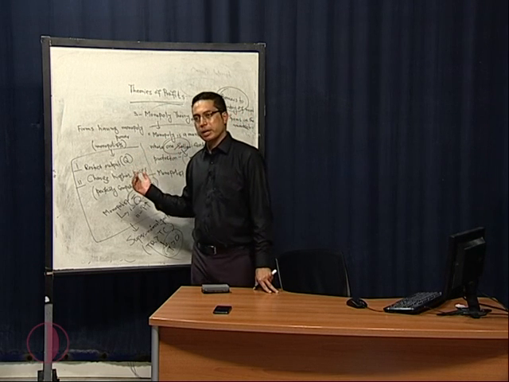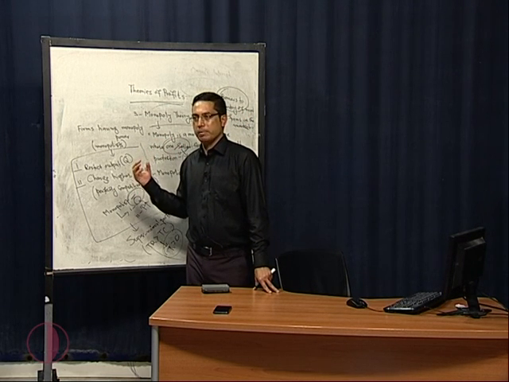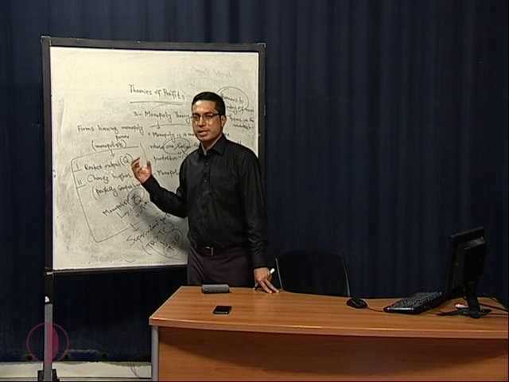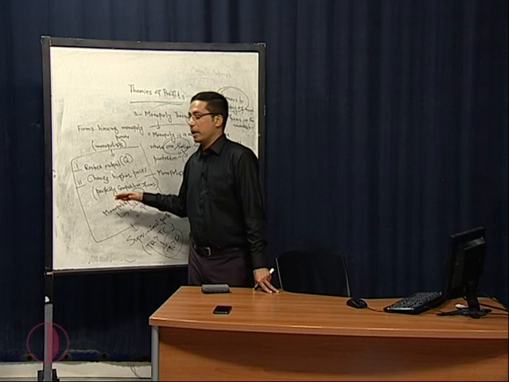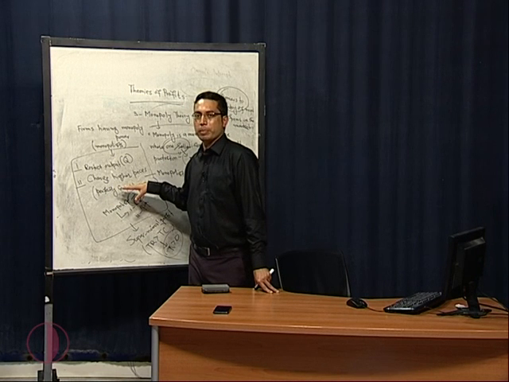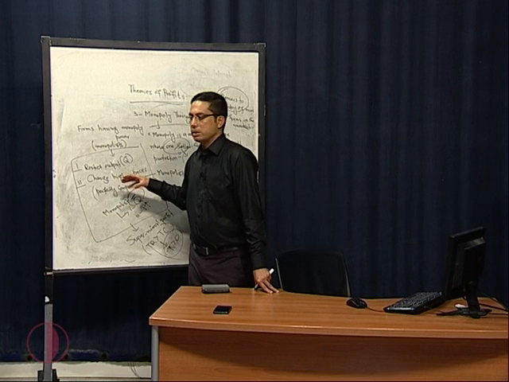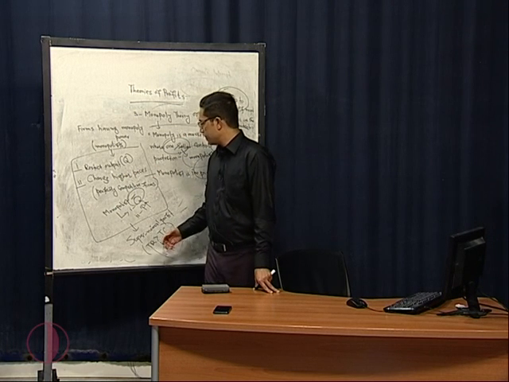If he has control and ownership of these raw materials, he will automatically enjoy monopoly power, and if he enjoys monopoly power, he can earn supernormal profit.